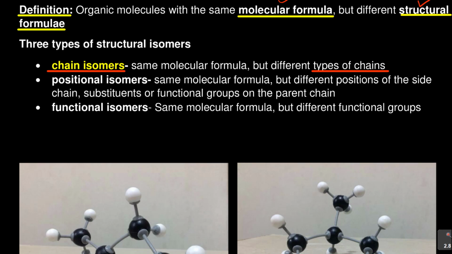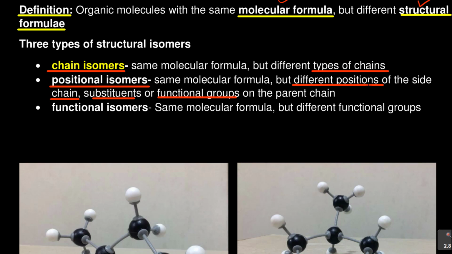The second type of structural isomer is a positional isomer. A positional isomer has the same molecular formula but a different position of the side chain, of the substituents, or of the functional group on the parent chain.